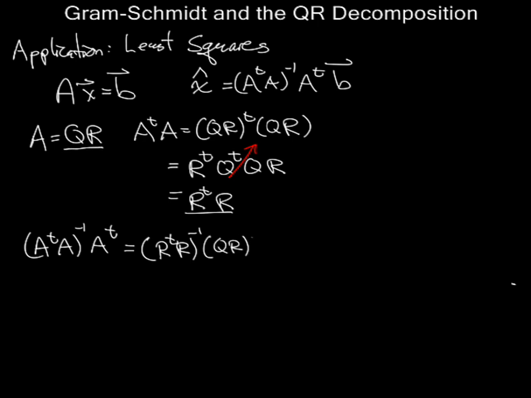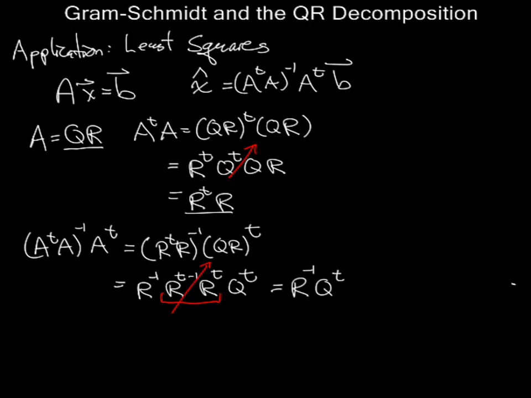Well, that's (QR) transpose. And that becomes R inverse R inverse transpose, R transpose Q transpose. These guys in the middle cancel, and I get R inverse Q transpose. So this matrix that I'm using to solve the problem becomes quite simple. It's R inverse Q transpose. So I conclude that x hat is R inverse Q transpose applied to B.